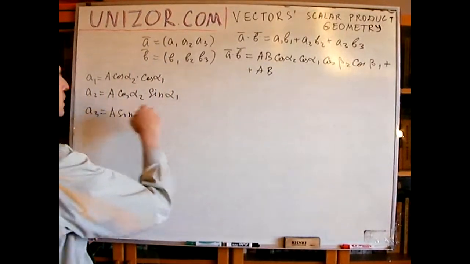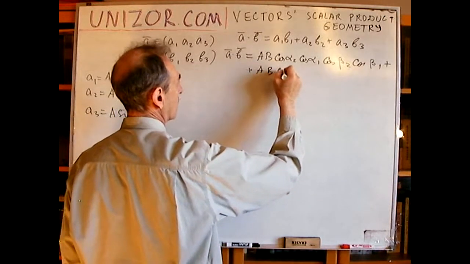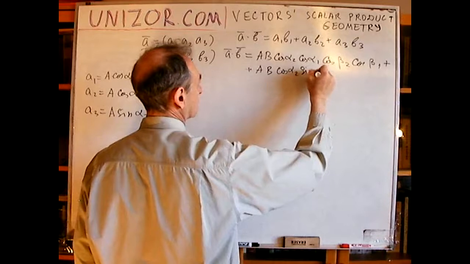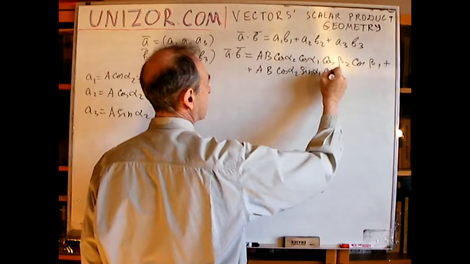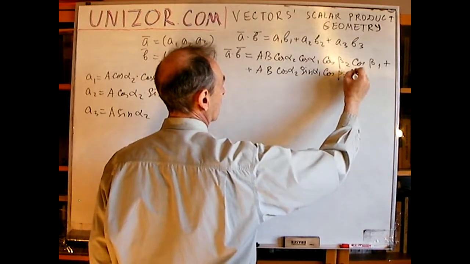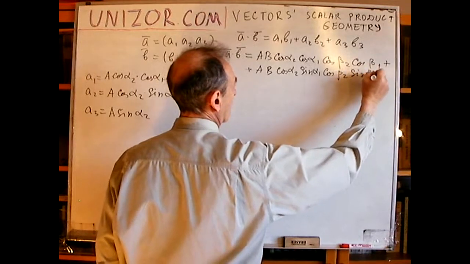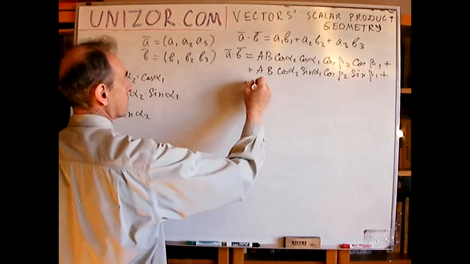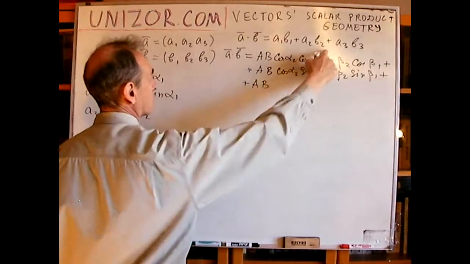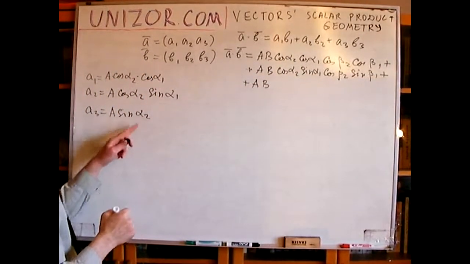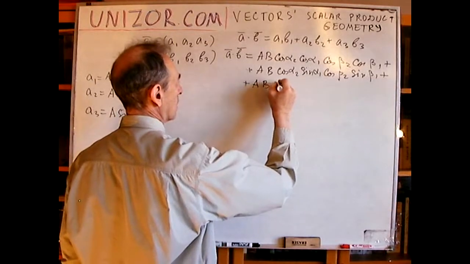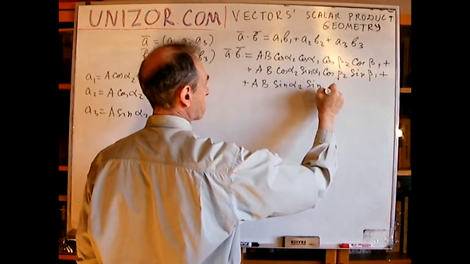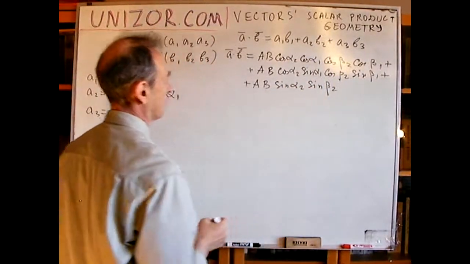Now A2 is cosine alpha 2 sine alpha 1, and same thing would be for the vector B, and the third coordinate, the product of the third coordinates would be AB and 2 sines. Okay.